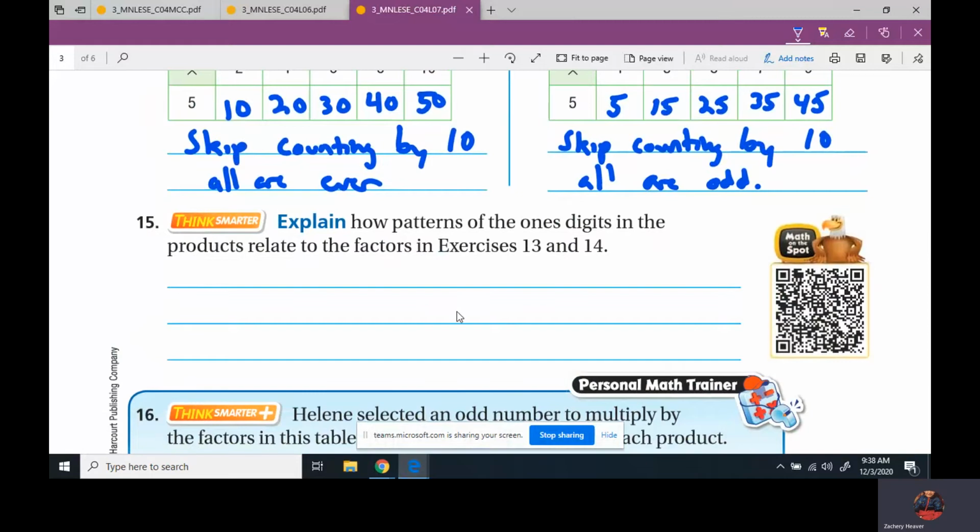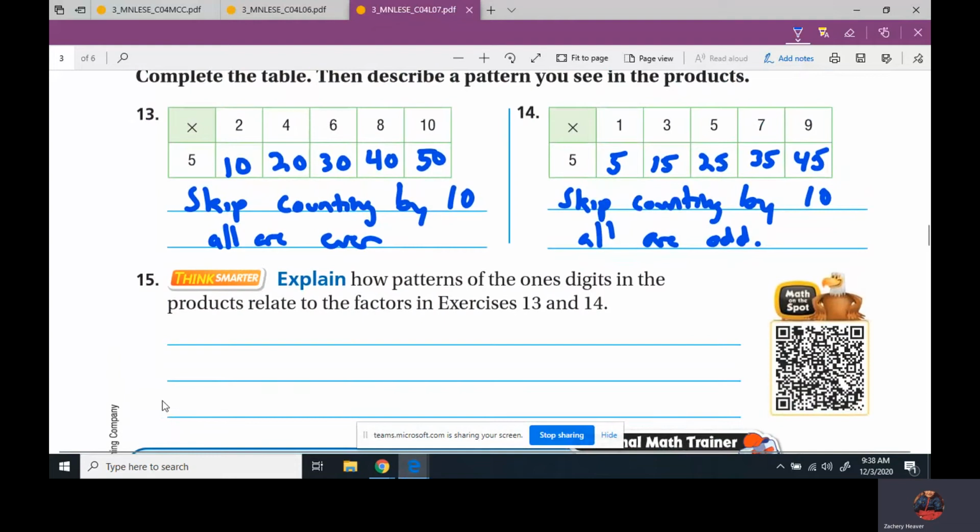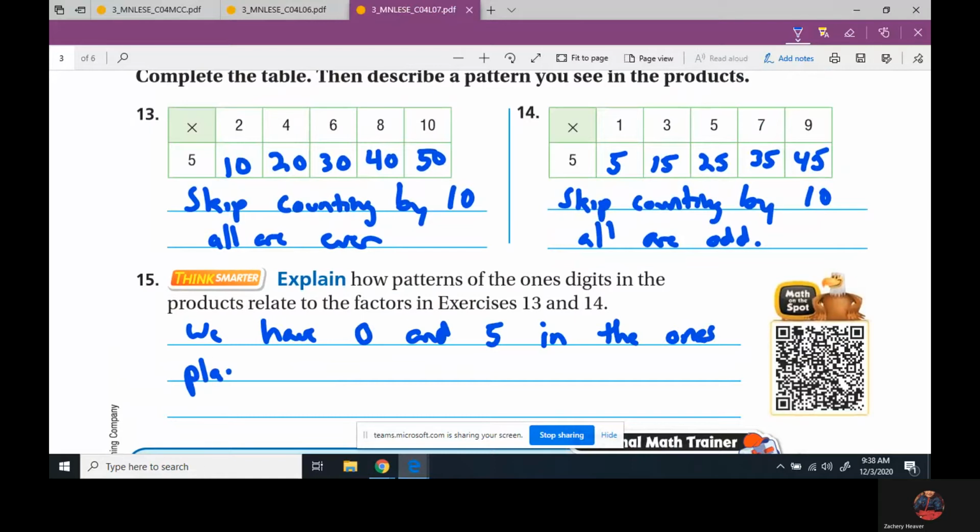So that explains how the ones digit and the products relate to the factors in 13 and 14. The ones digits, for example, we have 0 and 5 in the ones place.